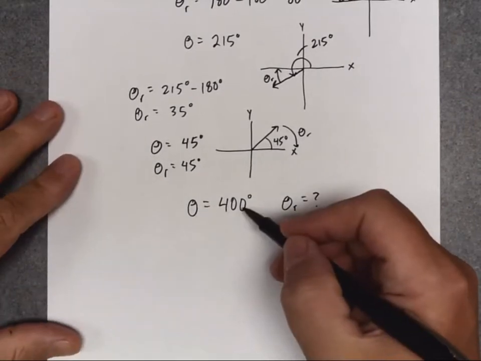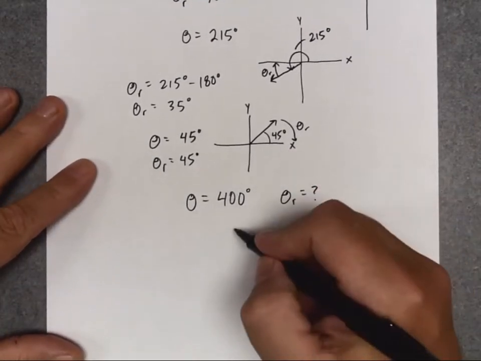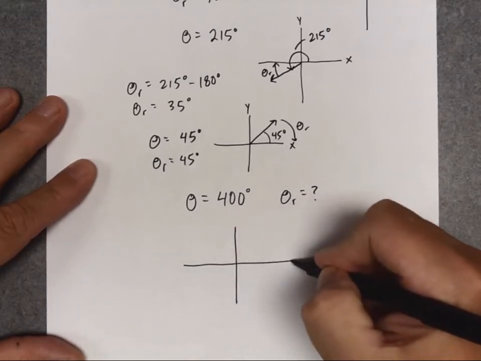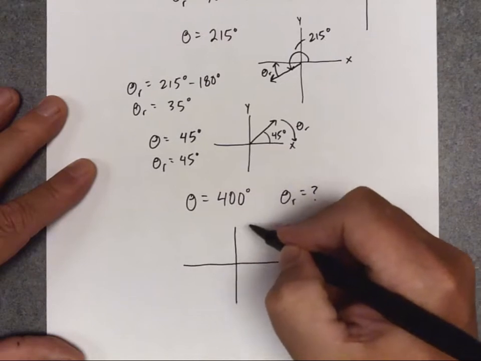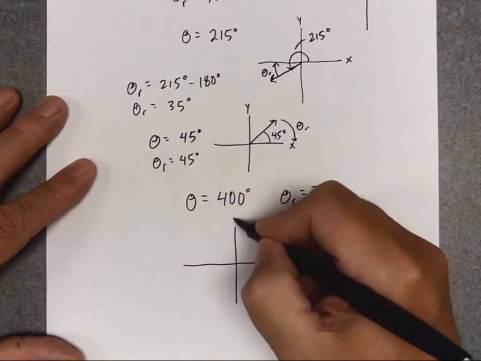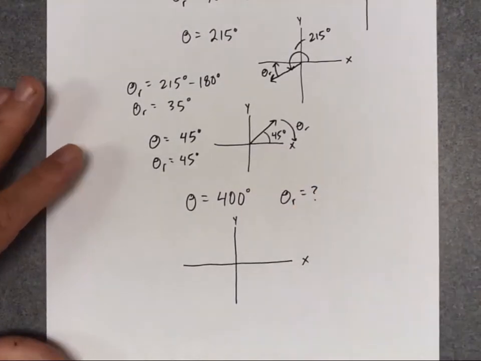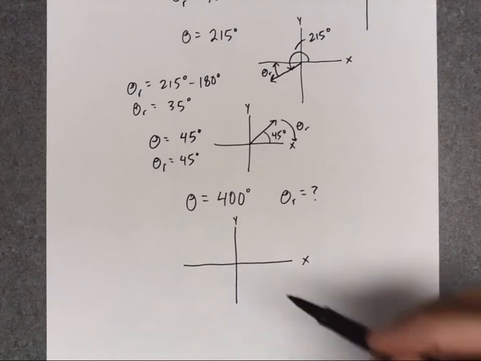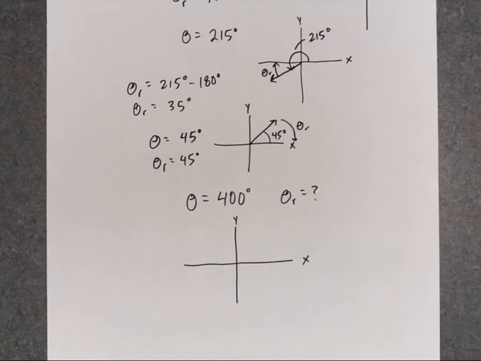Let's go ahead and try and draw out this 400-degree angle. Hopefully you're already realizing that one trip around the circle is how many degrees? It's 360 degrees. So a 400-degree angle must mean you go one trip around the circle, and then you go 40 degrees more past the x-axis.